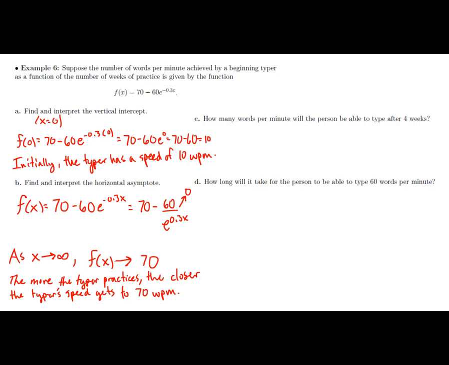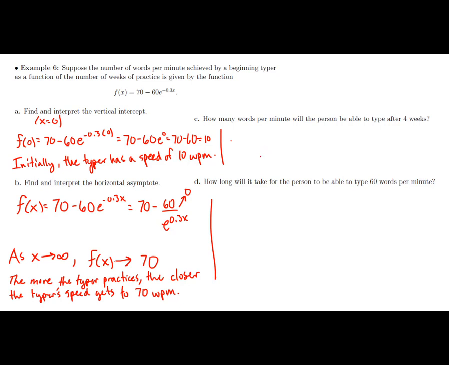Or another way of thinking of it is kind of no matter how much this typer practices, the typer's not going to get above 70 words per minute because at some point your fingers just can't move faster than that.